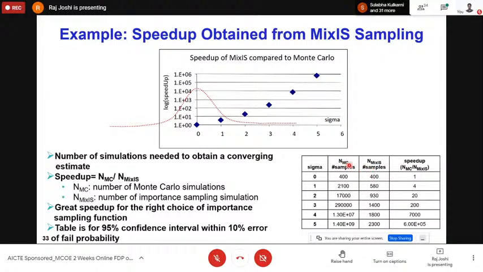If you look at the number of samples, with mixture importance sampling we require just a smaller set of samples, while Monte Carlo requires millions of samples. The speedup using our technique is 5 orders of magnitude. Such algorithms are also very crucial in machine learning, because the data volume is increasing.